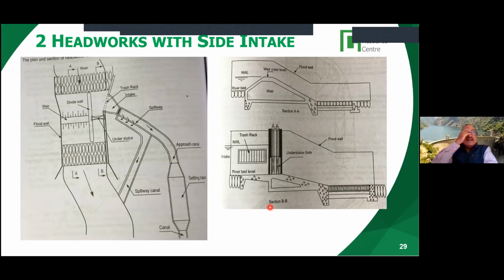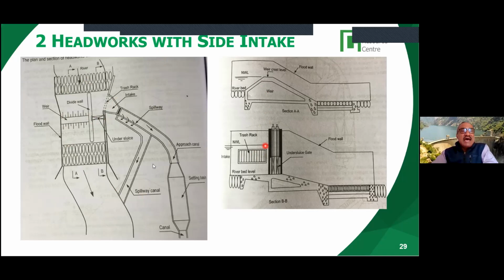Okay, and first of all, I would like to start with the headworks with a side intake. I think when I presented the different layouts of mini hydro projects, I showed you the headworks, and I also showed you the different types of intakes, side intakes, drop intakes, and other types of intakes.